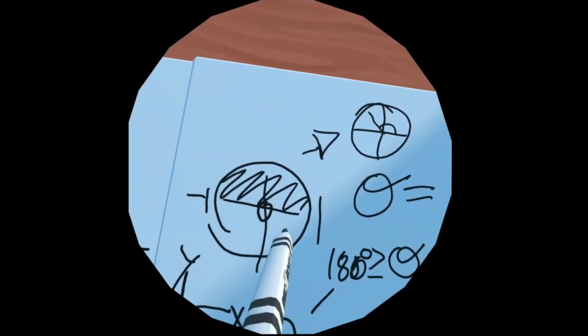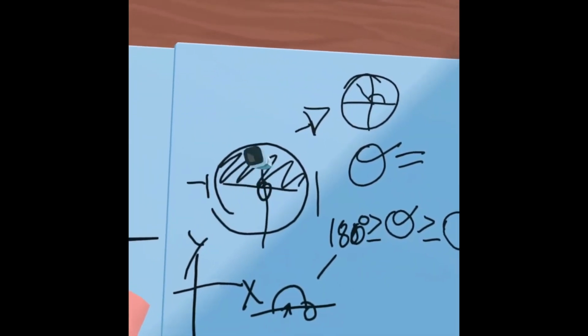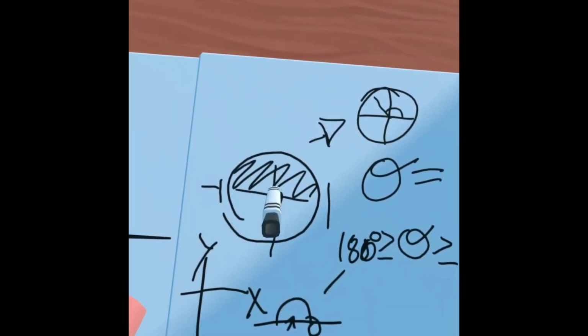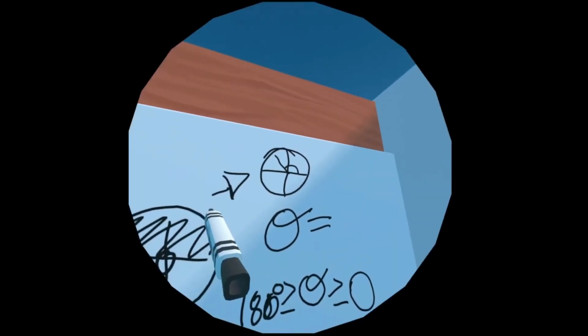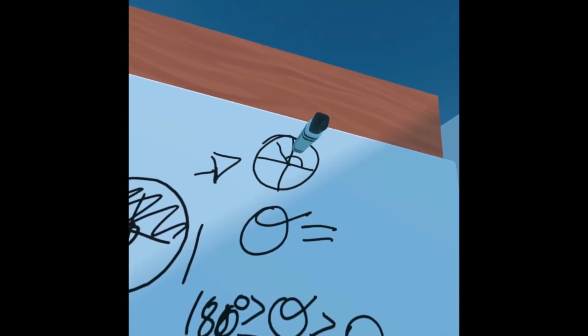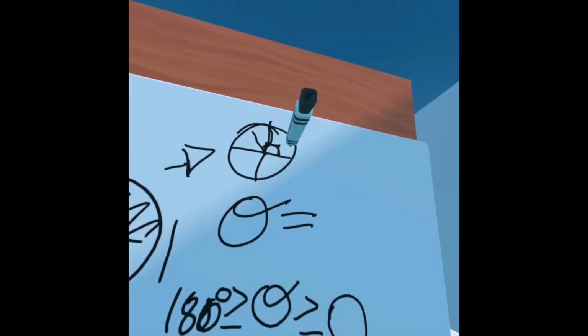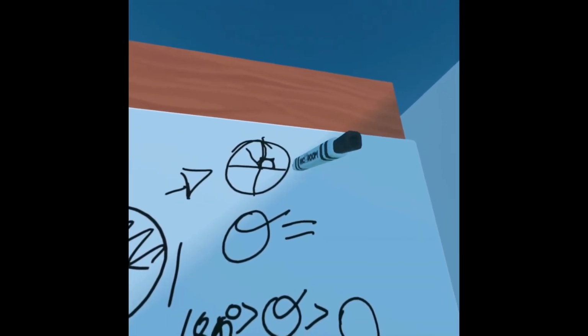All right, so that's our x. So when x is 0, we have a line going up like that, right? It's a bit easier to see going down. So our degree for the angle is 90.